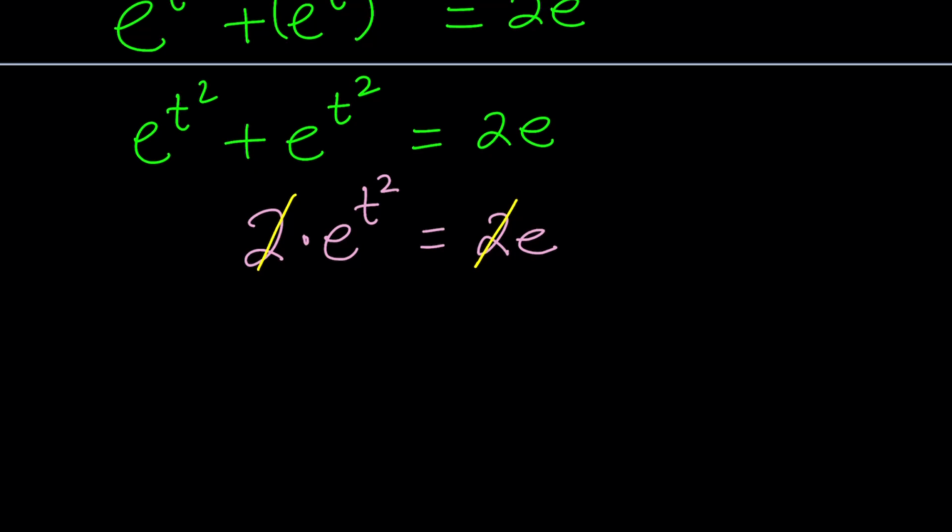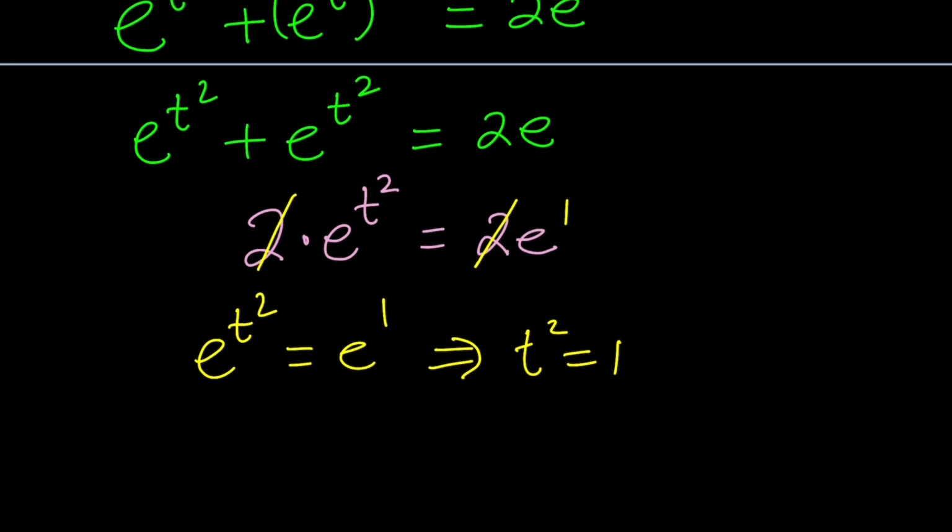You got to be very careful about that. Anyways, we get e to the power t squared equals e to the power 1, and this implies t squared equals 1.